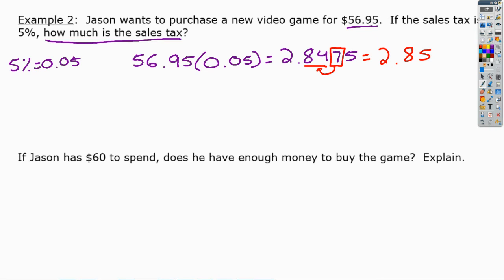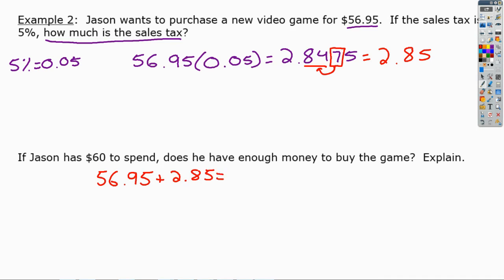It says, if Jason has $60 to spend, can he afford the video game? Can he still purchase it? So to figure that out, we got to find what the total cost is. So remember, the total cost was $56.95. I'll add my tax onto that, $2.85.